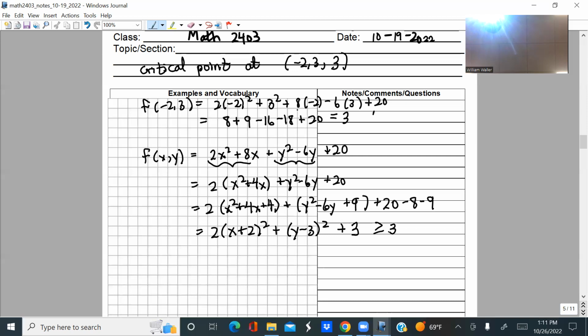These 2 will turn out to be 0, and then you'll get exactly 3. So what's the minimum point? It's negative 2 for x and 3 for y. See, that's the lowest point of the function. The z value is never going to get below 3.